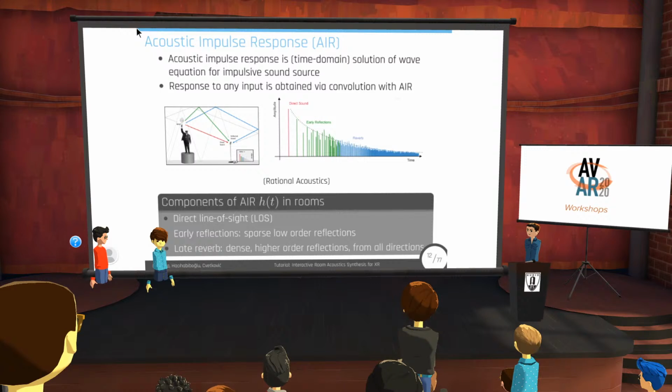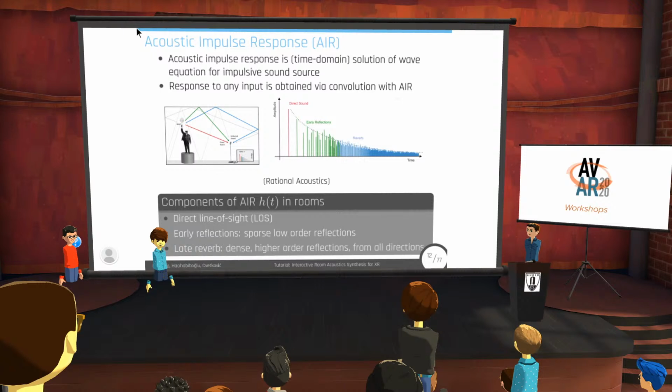Later the number of reflections increases so drastically that they become very dense, and they start to behave chaotically, meaning that even small changes in temperature in a room will change the exact structure of this region here. We call this late reverb.